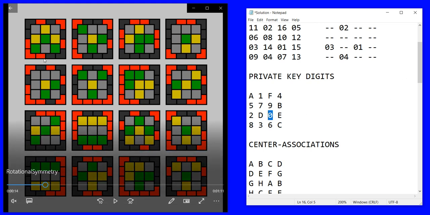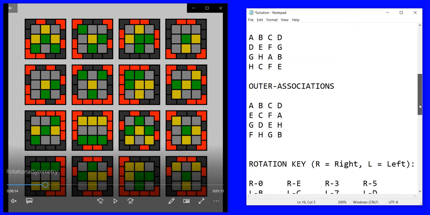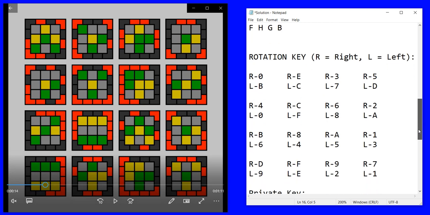So if this first upper left square were to rotate right, that would correspond to a 0 in the private key because it's associated to this square based on the center pattern and it rotated right. So based on this information, we can make a rotation key. And we see that I wrote a right rotation on this upper left square is corresponding to a 0.